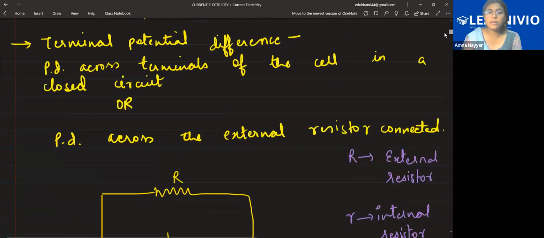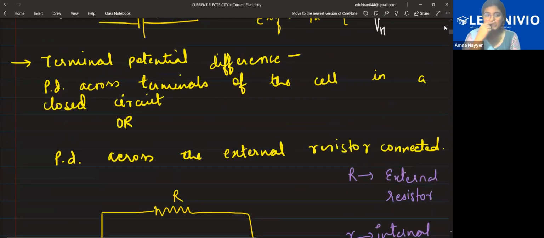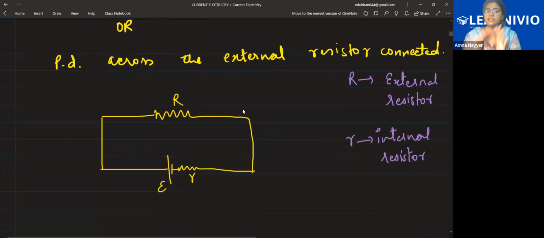When we are talking about terminal potential difference, it is the potential difference across the terminals of the cell in a closed circuit. Closed circuit means it is an on circuit. The switch is on, everything is working, wires are connected, and everything is set. It is the potential difference across the external resistor connected. Suppose this is our circuit, a very small description of the circuit.